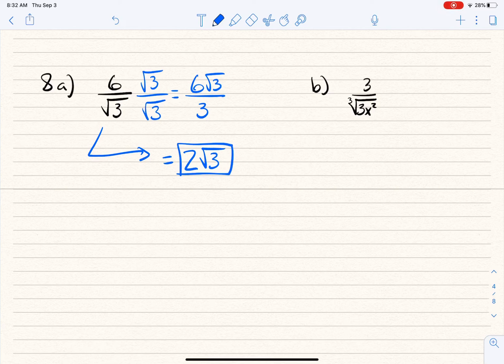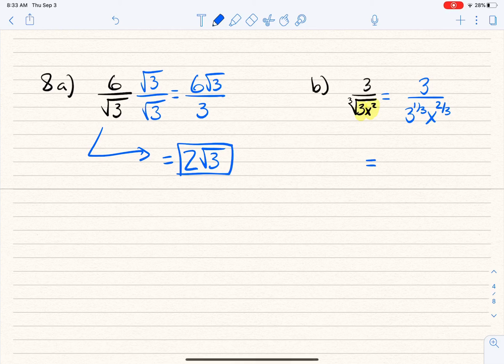This has that cubed root. Definitely a good time that we want to start thinking in terms of rational exponents. So this is the same thing as 3 over 3 to the 1/3 power and x to the 2/3 power. And why did it do that? Because the 3 did not have an exponent, but the x did. So that's why it's to the 2/3. And now I just have to think, what do I have to multiply on the bottom and top so that the bottom becomes whole number exponents?